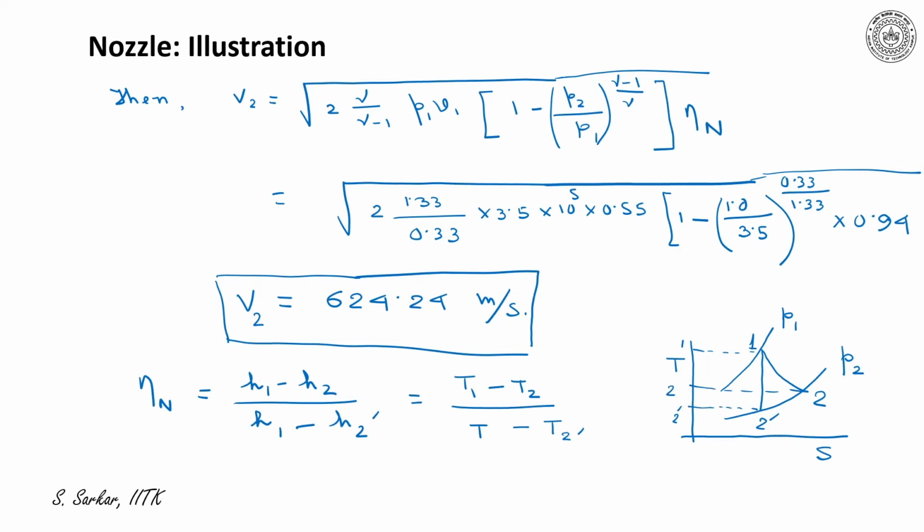Now from here I can evaluate the actual temperature. I'll show you the whole way. Now I can write T1 by T2 dash, that is the isentropic temperature ratio, which can be stated with respect to the pressure ratio using the isentropic relation, to the power (gamma minus 1) by gamma, right?